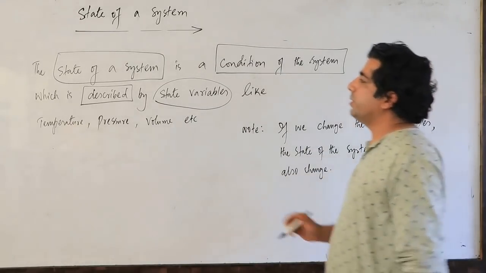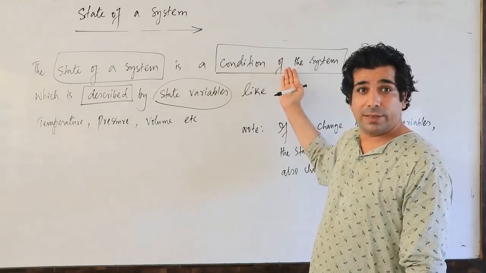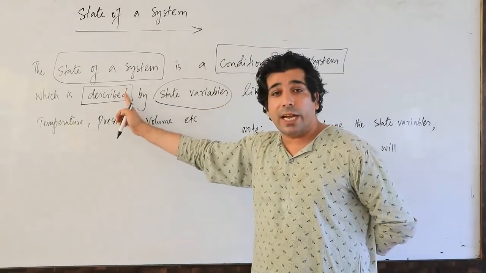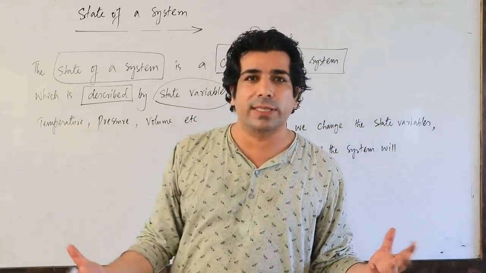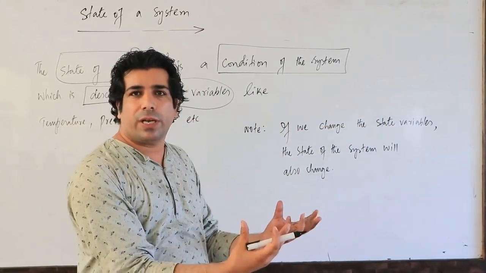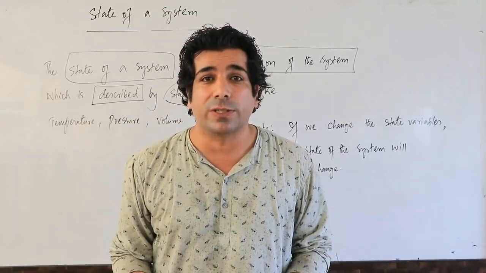So my dear friends, the state of a system is a condition of a system, which is described by state variables. So if you are changing the state variables like temperature, pressure and volume, then obviously the state of the system will also change.